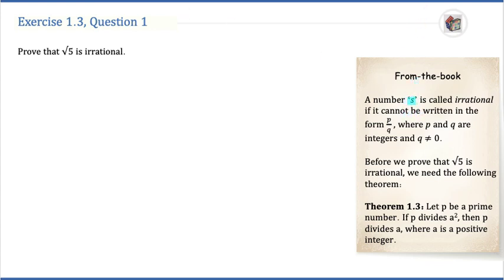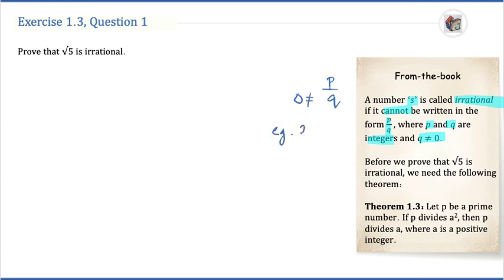A number S is called irrational if it cannot be written in the form p by q, where p and q are integers and q is non-zero. Well, this really comes from the definition of a rational number. A rational number is one which can be written in the form p by q, where q is non-zero.